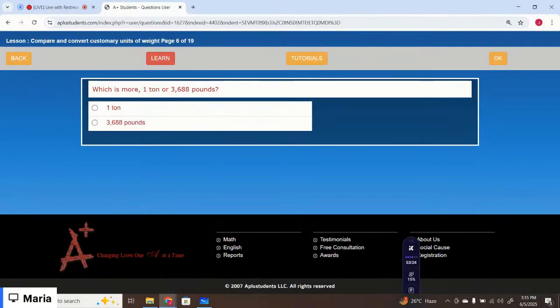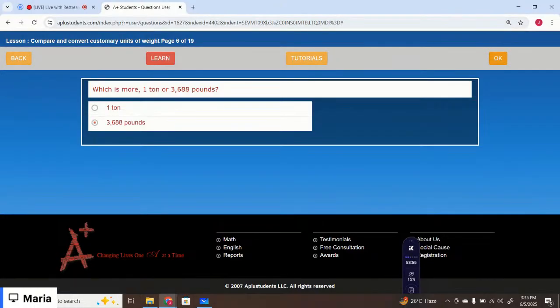Which is more, 1 ton or 3,688 pounds? 1 ton equals 2,000 pounds. That is 3,688 pounds.